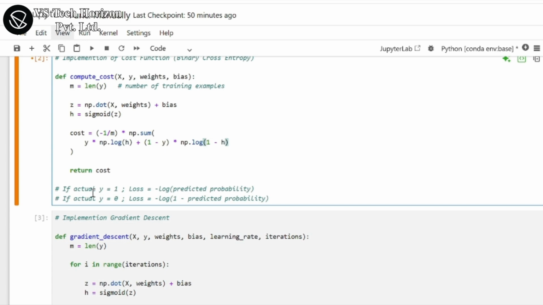If the prediction is 0.1, it is considered a good prediction, which is a small loss. If the prediction is 0.9, it is considered a wrong prediction, which is a huge loss. So this function heavily penalizes confident wrong predictions. This is why it is better than mean squared error for classification.